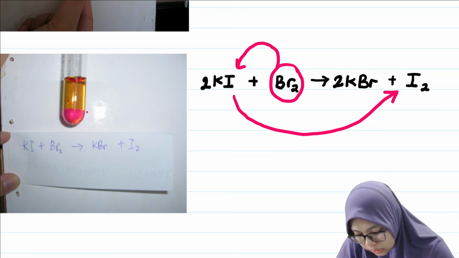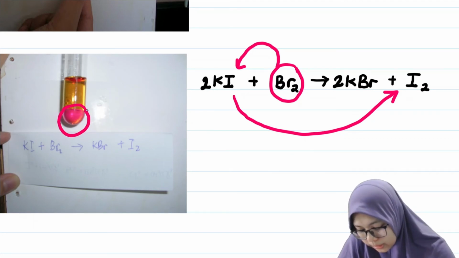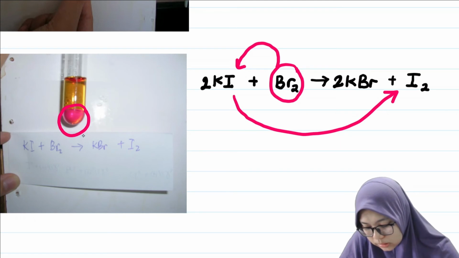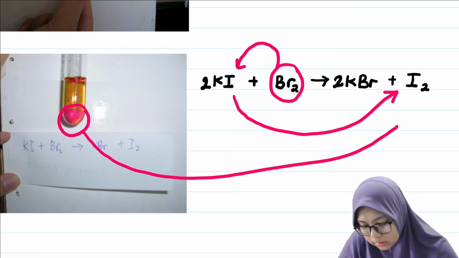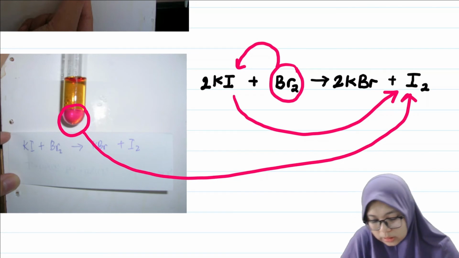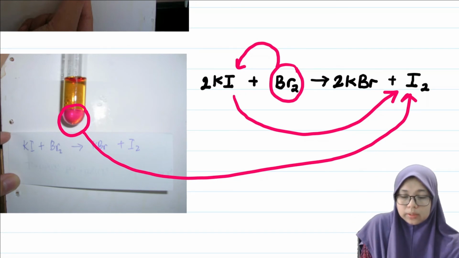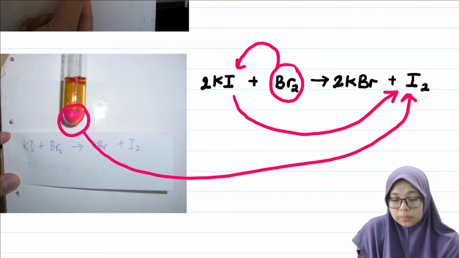In this reaction, as you can see, the bottom part of the test tube is purple color. So this is actually the color for the iodine in 1,1,1 trichloroethane. So that's why you see the purple color, because iodine is already displaced by bromine molecule.